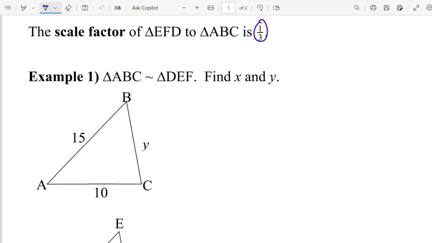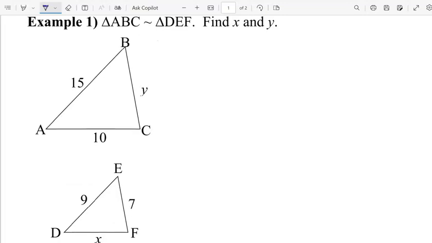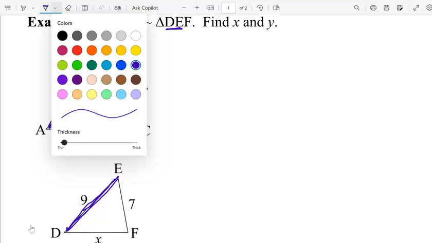All right, so let's put that to use. If we have a pair of similar triangles, in example 1 here, triangle ABC is similar to triangle DEF, we were told. So that means that sides AB and DE should be a pair that are in proportion. So those are going to be corresponding sides.